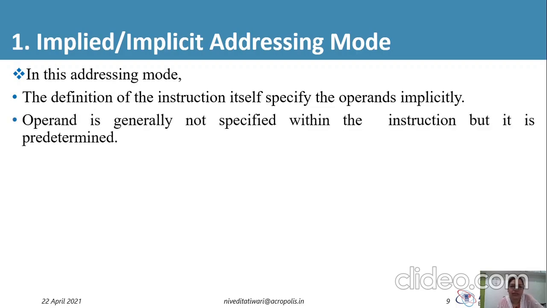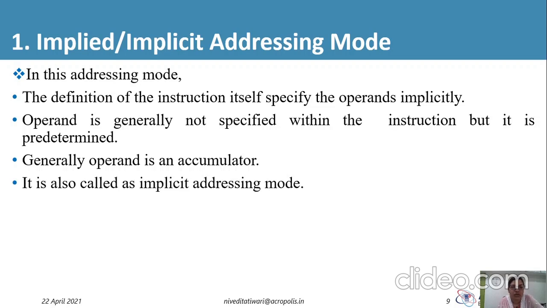The definition of the instruction itself provides the operand value. In this type of addressing mode, the operand is generally an accumulator. So it is also called the implicit addressing mode.